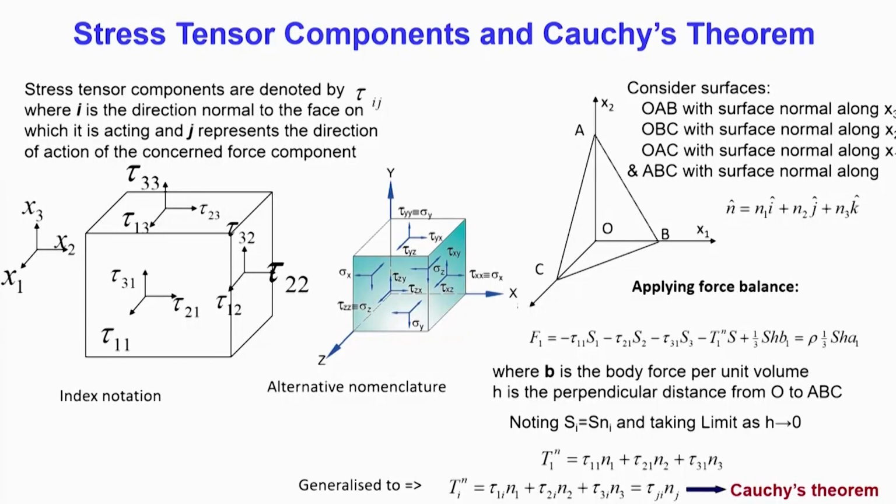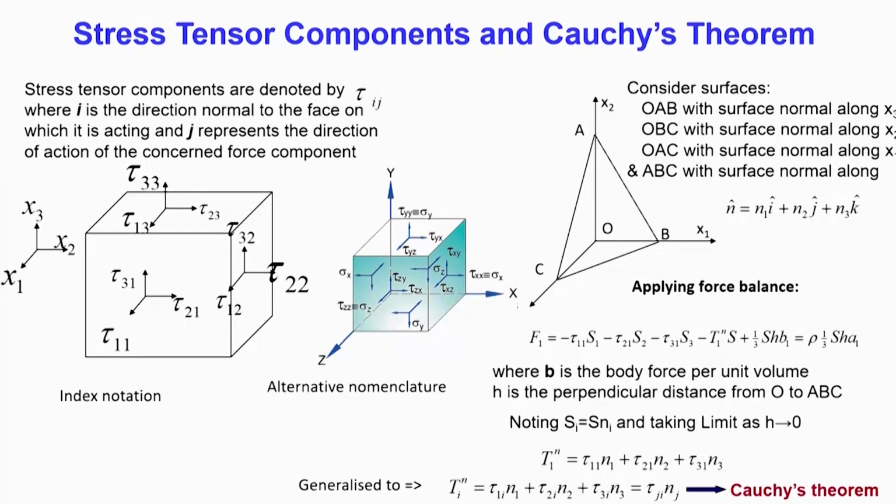Projection means you can calculate it by the dot product of the normal vectors. The normal vector of ABC is n and the normal vector of AOC is i. If you take a dot product, it will be n1. So, S1 is S into n1. Similarly, S2 is S into n2 and so on.